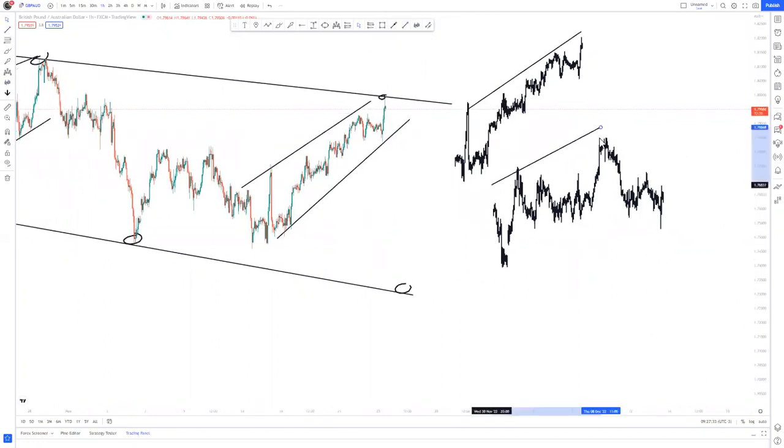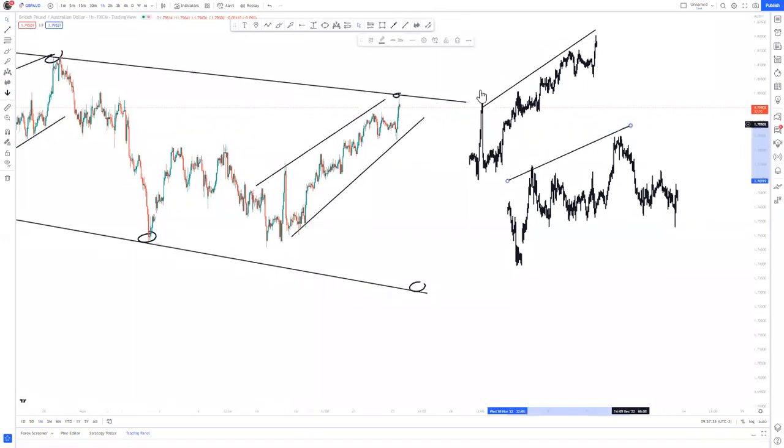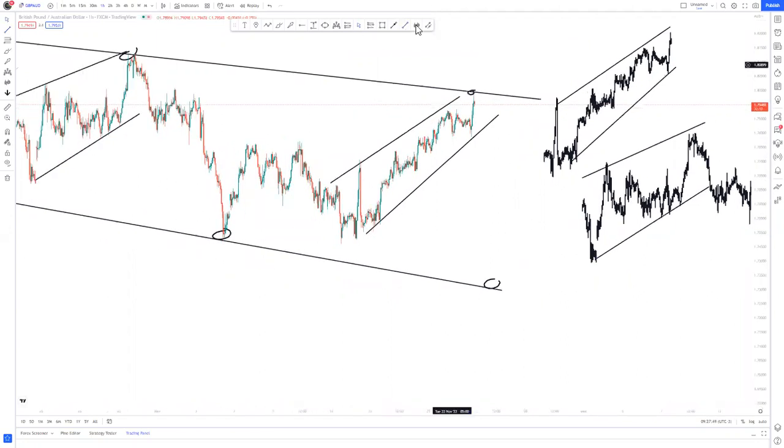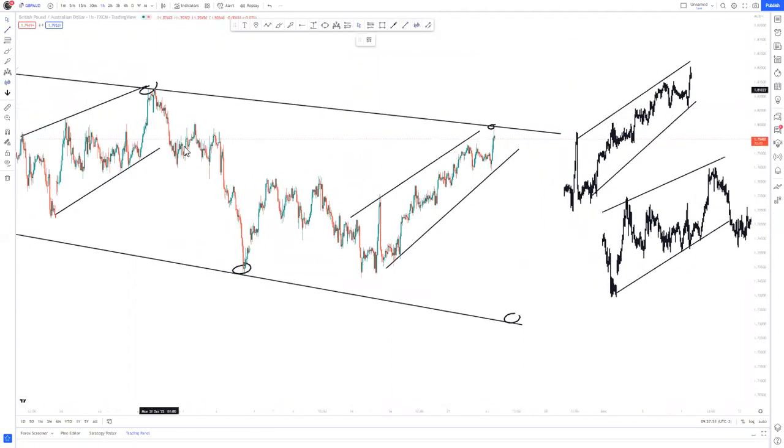So, are they not similar? They are. If we all agree that they are similar, then why can't we take the bar pattern of what happened from the highest high to the lowest low?